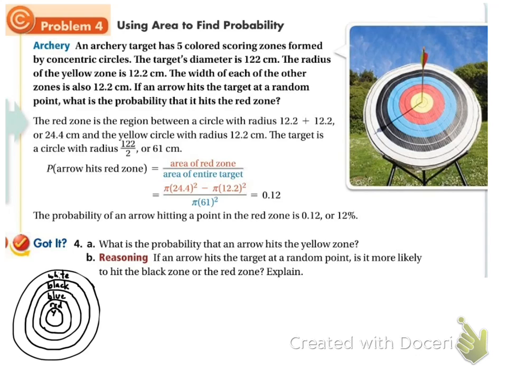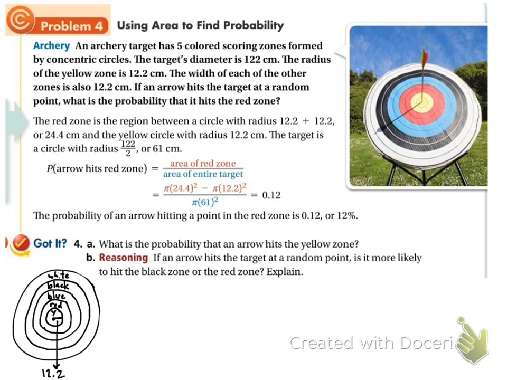And we are told in the description up here, the target's diameter, the whole thing across, is 122 centimeters. The radius of the yellow zone is 12.2 centimeters. So this little bit across there, that's 12.2. And then the width of each ring from there is 12.2.